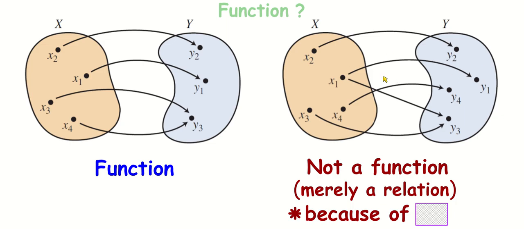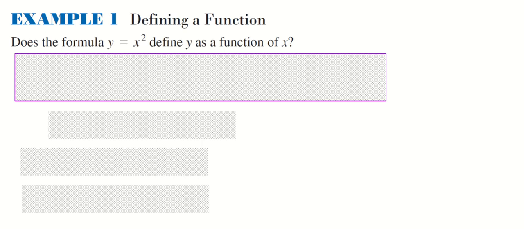This is merely a relation because this element of the domain, this x value, is mapping to more than one y value. It's got 2 arrows coming off of it, so it's because of x sub 1, that x coordinate, that it is not a function.